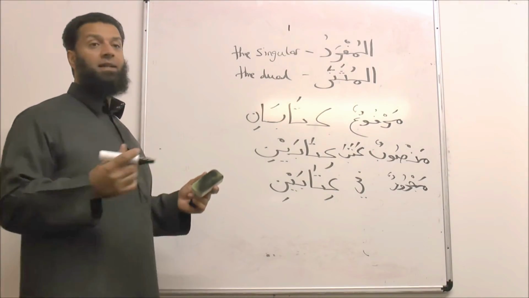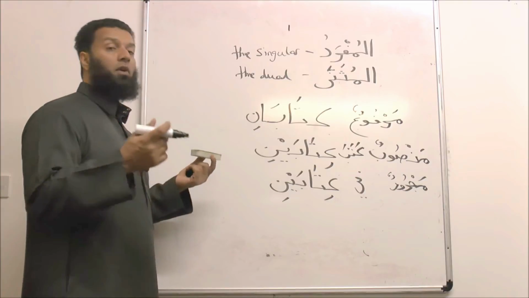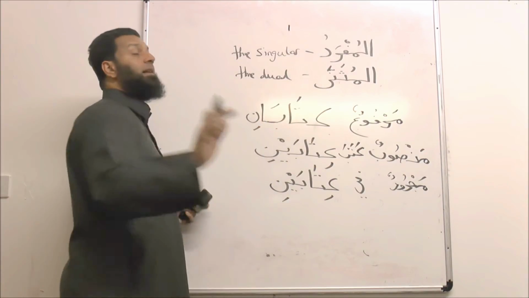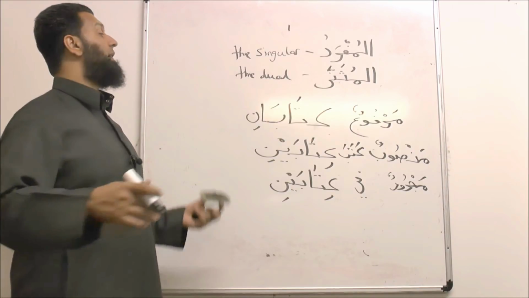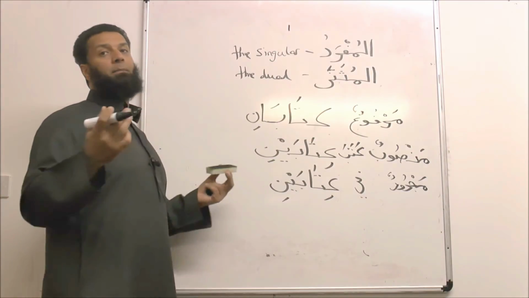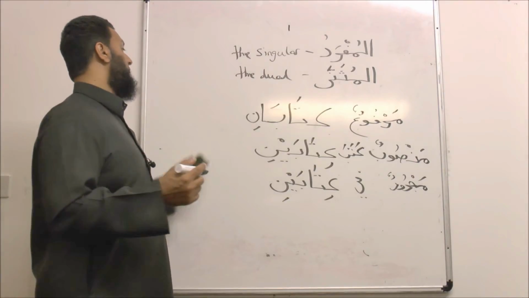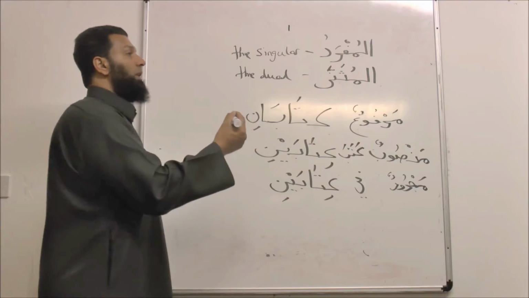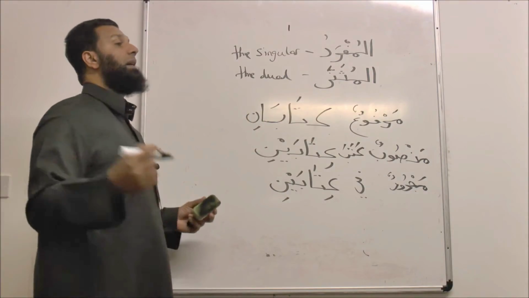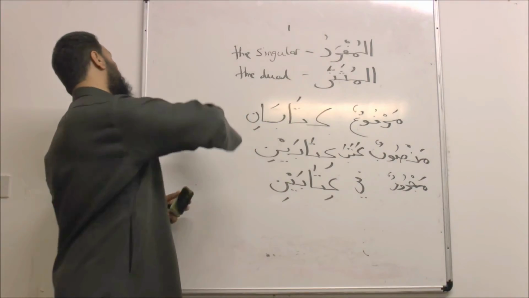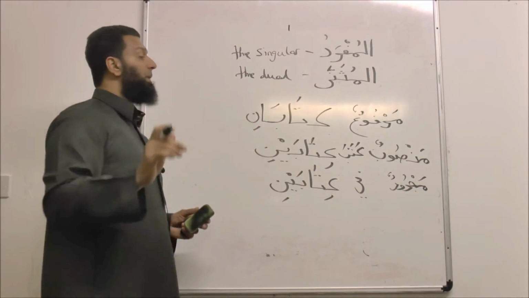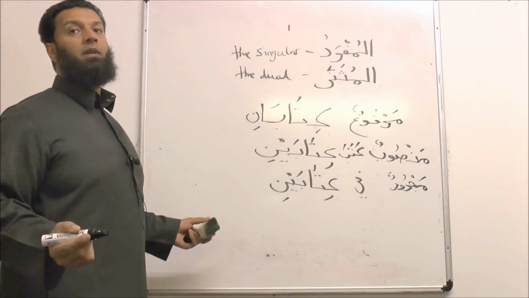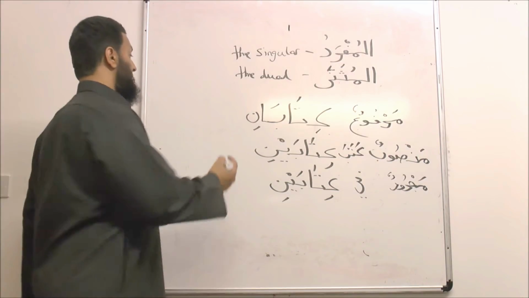So we want to say two big books. We have kitabani, two books. Now we want to say two big books. We know we're going to use the sifatun kabirun, but how are we going to make it match kitabani?